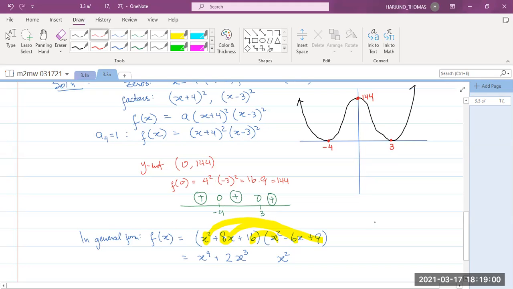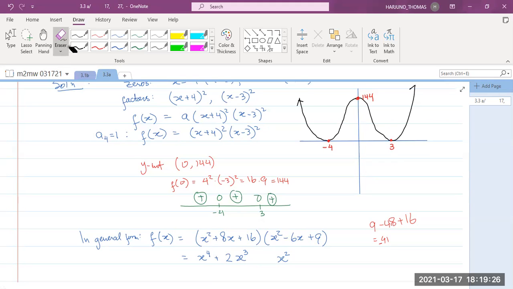9 minus 48 plus 16. I wonder what's that? That's negative 41. No, my bad, it's not. Minus 25, so that's negative 23. So this is minus 23x squared.